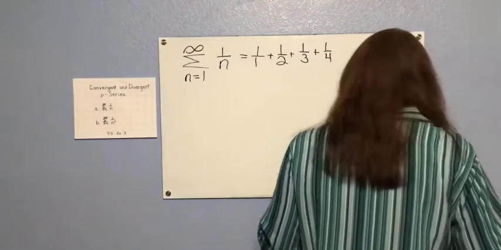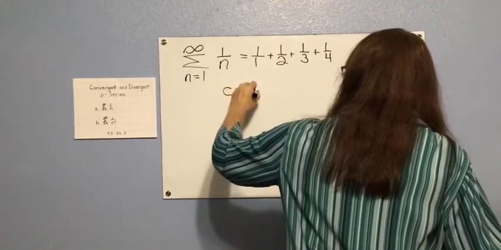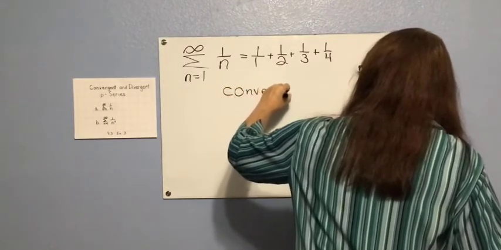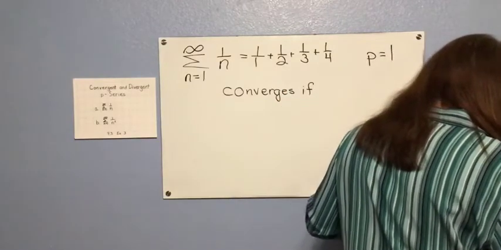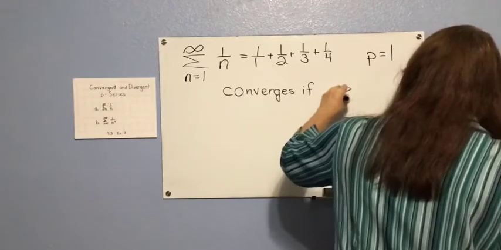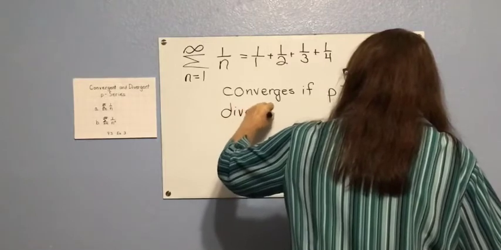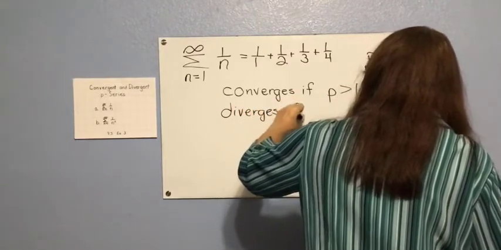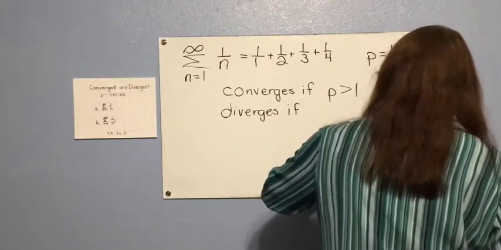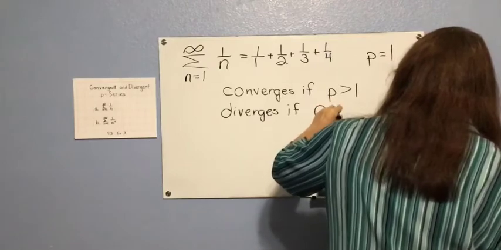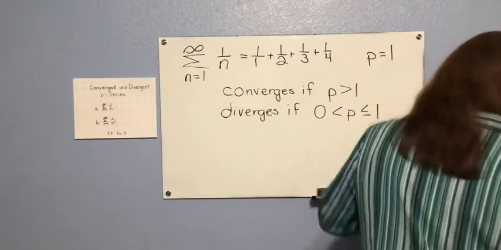And theorem 911, which is in your textbook, tells us that this converges if p is greater than 1, and it diverges if p is greater than 0 but less than or equal to 1.